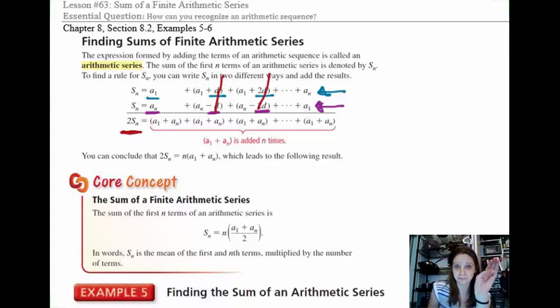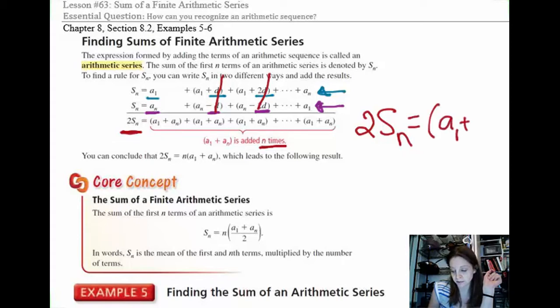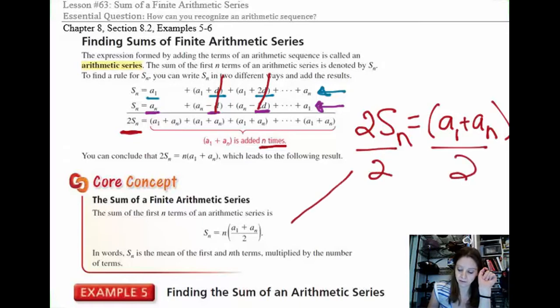And so on and so on, a total of n times. And you end up with, if you were to add the series twice, it would be n times the first term plus the last term. And so when we want to know the sum of an arithmetic series, we can divide both sides by 2, and we'll end up with this given formula.